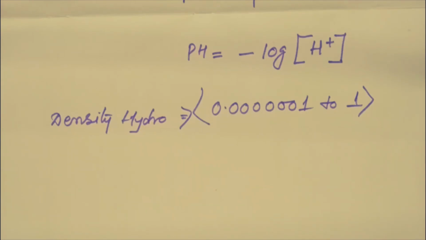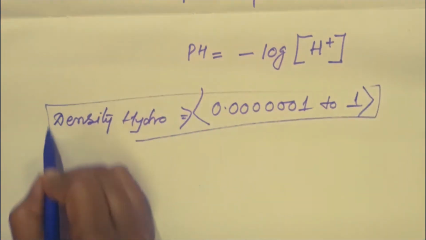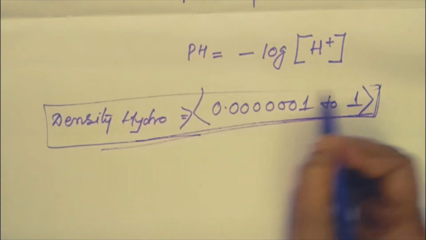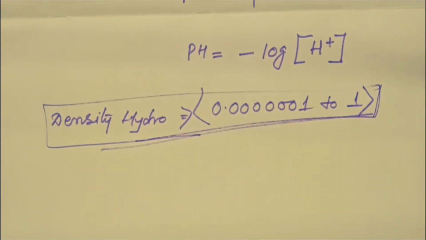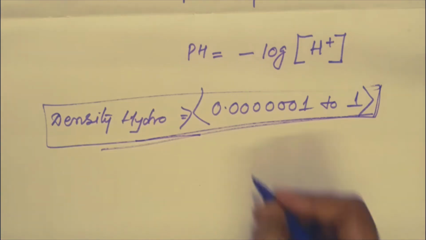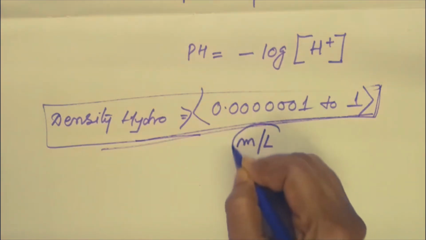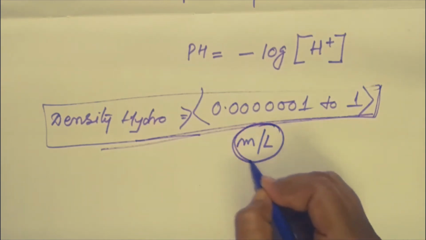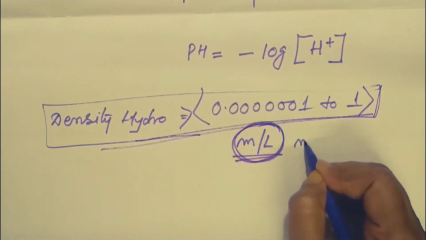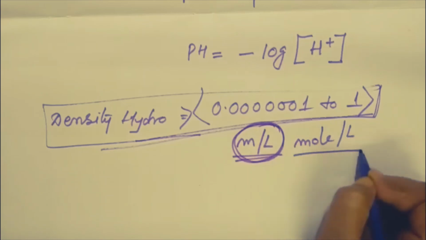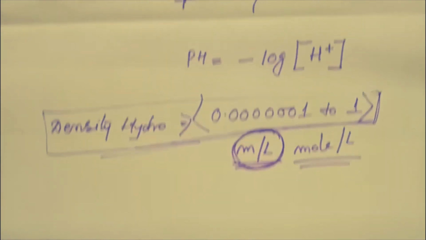The Danish scientist who proposed the formula of pH took the hydrogen density, that is the moles per liter. Density is normally identified as moles per liter. So this is the formula.